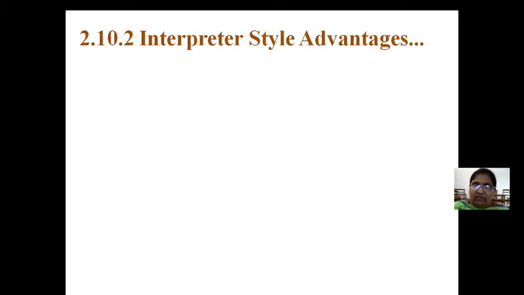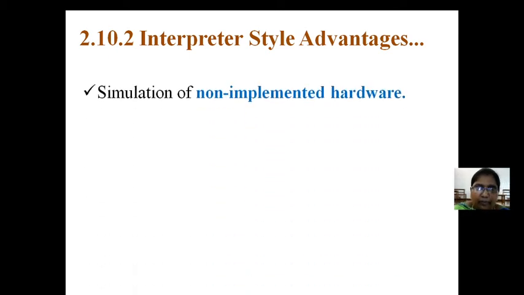Okay, now what are the advantages? It is not just an advantage, it is a very fortunate thing. Without them, can we execute our program of our own? Can you give a language that the machine understands? No, we can't. That's why we need an interpreter. Yes, simulation of non-implemented hardware. Whatever the hardware supports, which we may not be able to execute, these interpreters will automatically convert that concept into machine language.